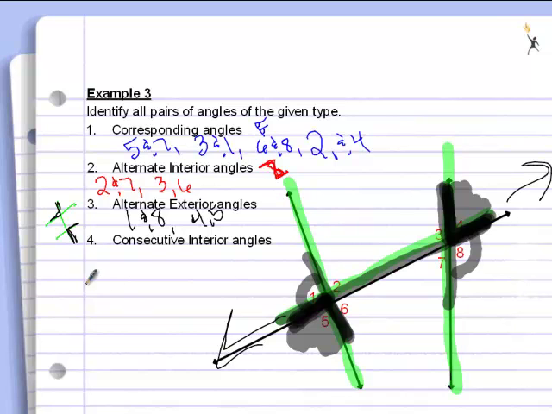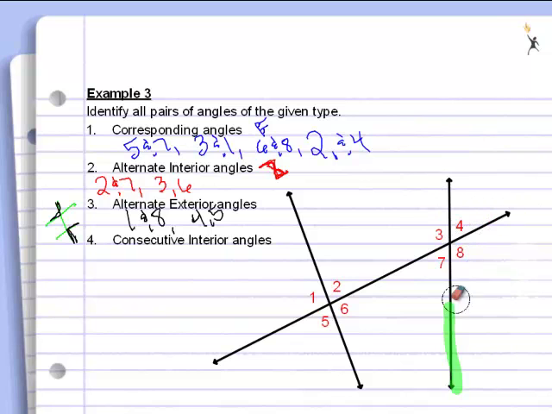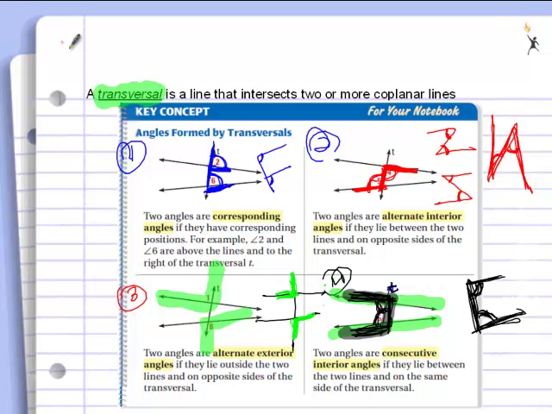Now let's go to the last one, consecutive interior. Consecutive interior, if you look back at your notes, if you flip a page back, I'm going to wait till I'm done erasing, then I'll flip back with you. Consecutive interior forms the C. It was the last one that we looked at.